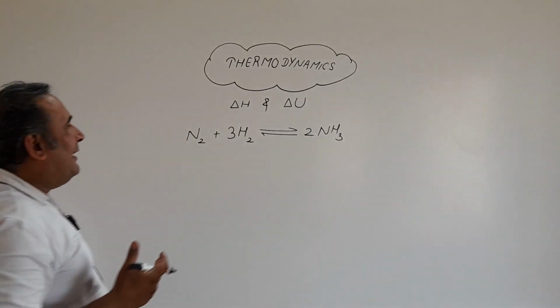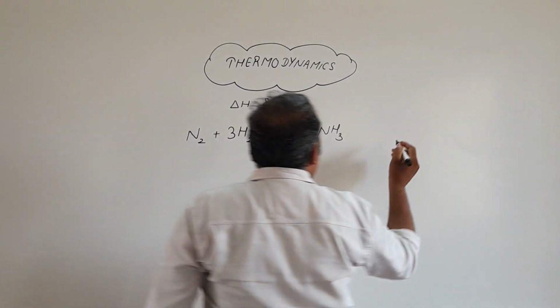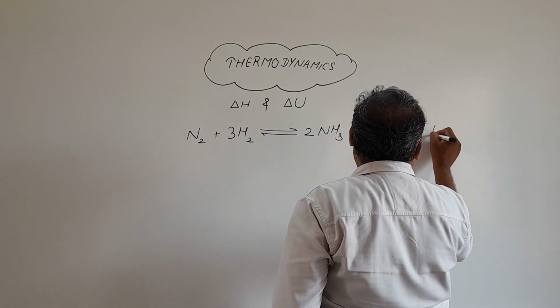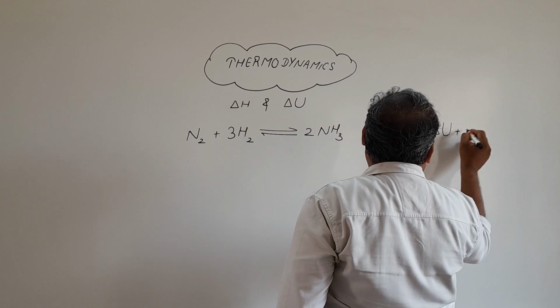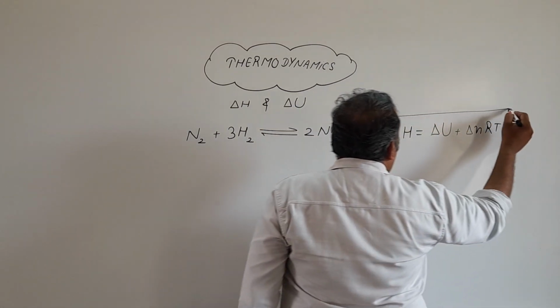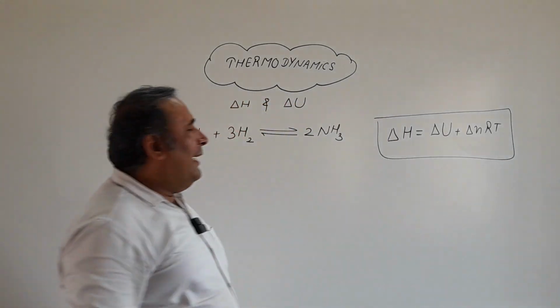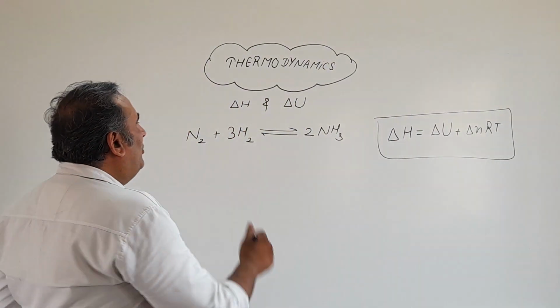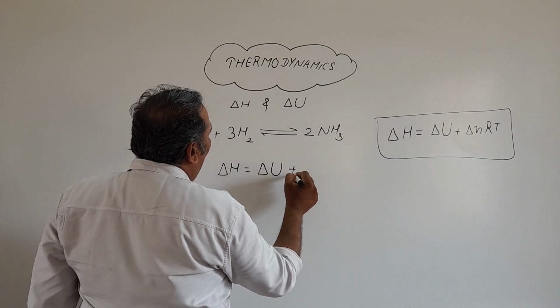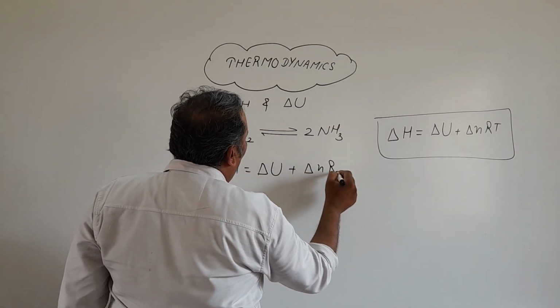Yes, we can easily calculate by a simple trick. We know that delta H, the enthalpy change, is equal to delta U plus delta nRT.